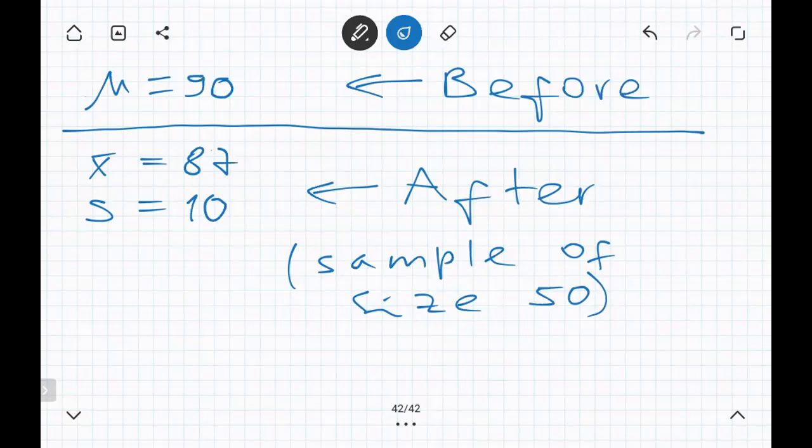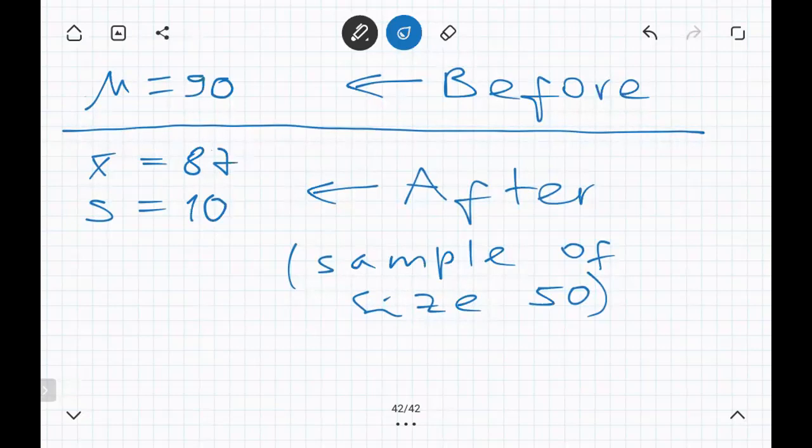Now, it's already 3 months, or is it more? I guess it's more, right? It's more like 4 or 5 months of quarantine, and the studies are online and so on. And I decided to check the average again, and I chose 50 students.